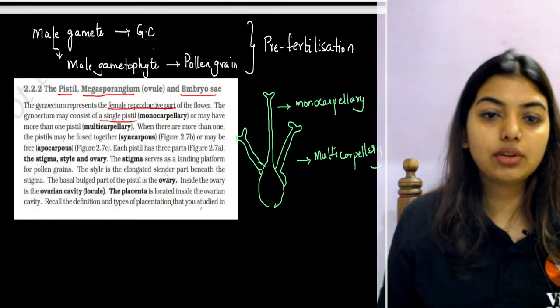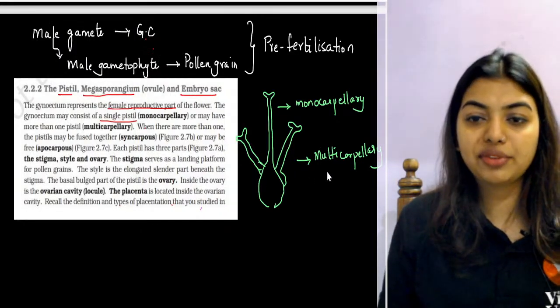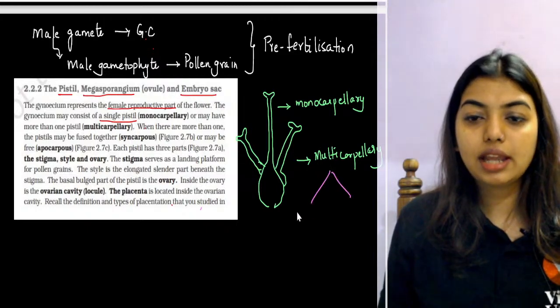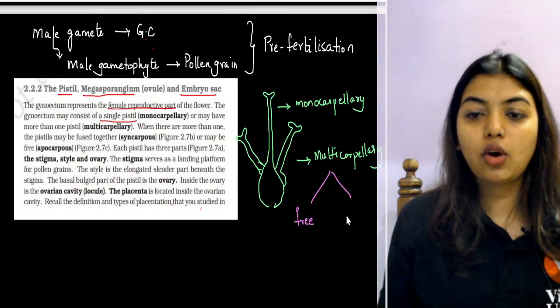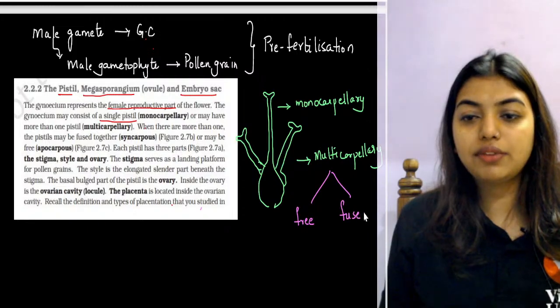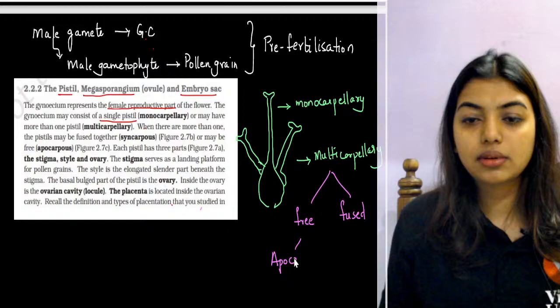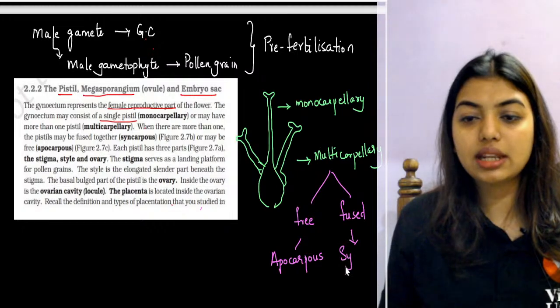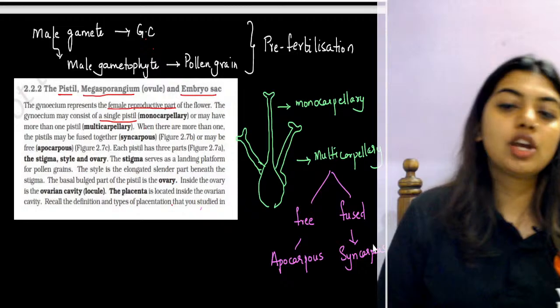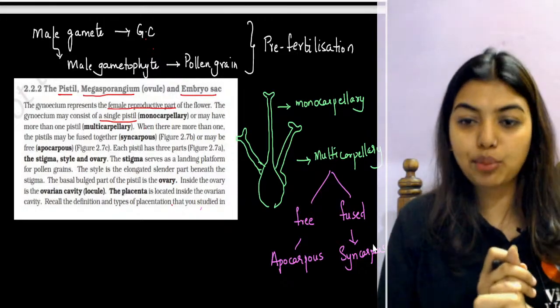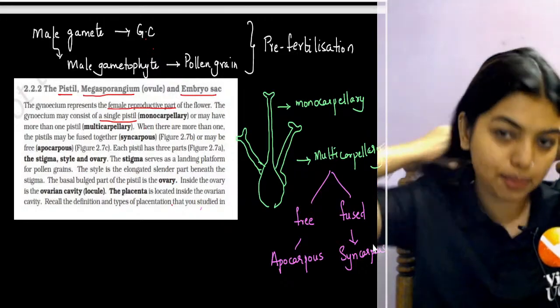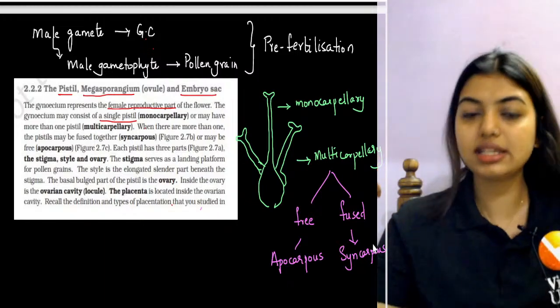They can decide whether they want to be fused or free. If they are free, we call that apocarpous, and if they are fused, we call it syncarpous.